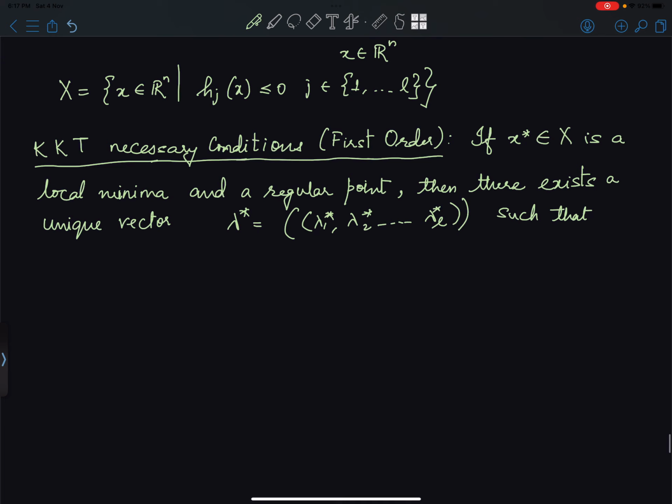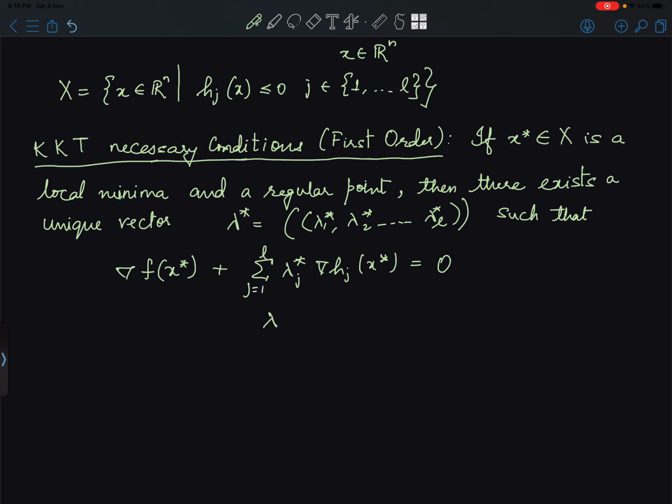Such that gradient of f(x*) plus summation of λ_j* ∇h_j(x*), j varies from 1 to L, equals 0, right?